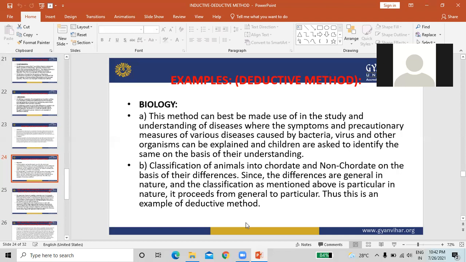Next example of biology: classification of animals into chordata and non-chordata on the basis of their differences. Since the differences are general in nature, and the classification is mentioned about the particular in nature, it proceeds from general to particular. Thus, this is an example of deductive method.